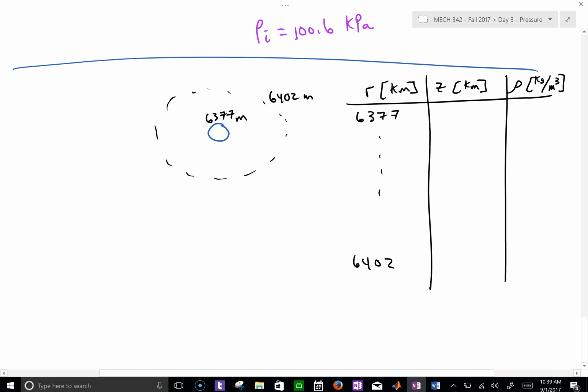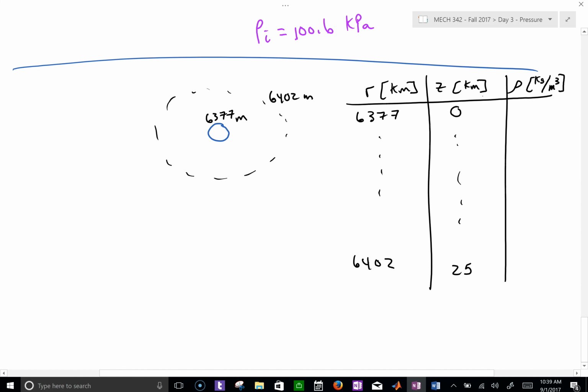So z is, if you want to think of it as the elevation or altitude, 0 at the ground level, and at the other end it goes all the way to 25. The numbers are given as radius, and z is elevation.